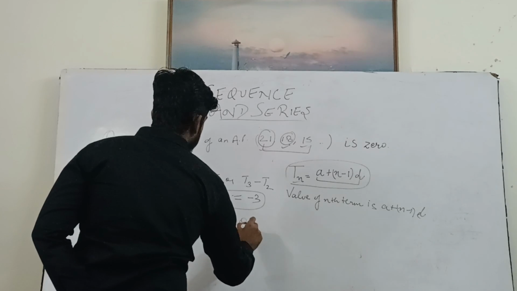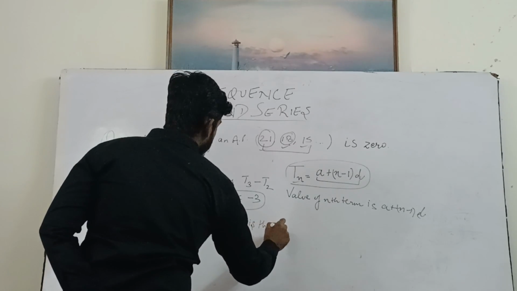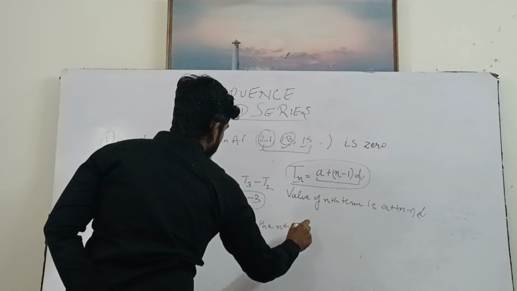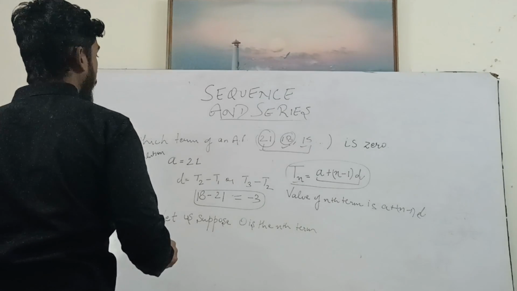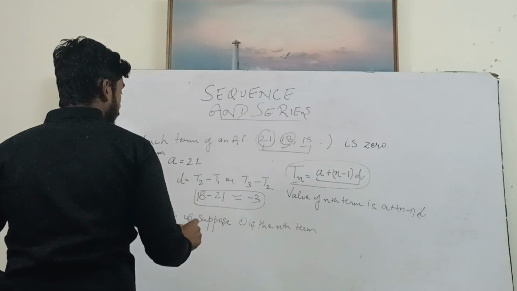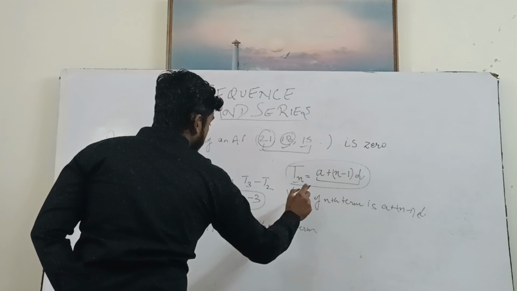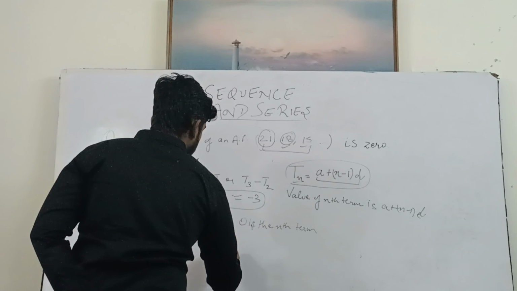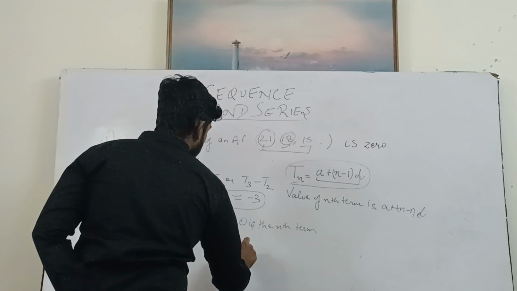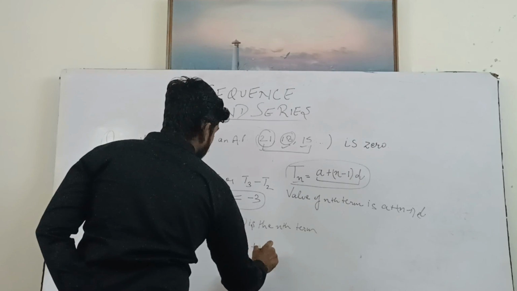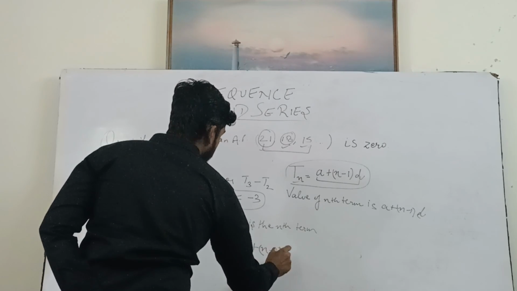So let us suppose 0 is the nth term. And we know that the nth term is given by a plus (n minus 1) into d. So 0 is equal to a plus (n minus 1) into d.